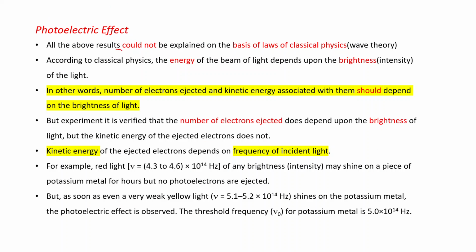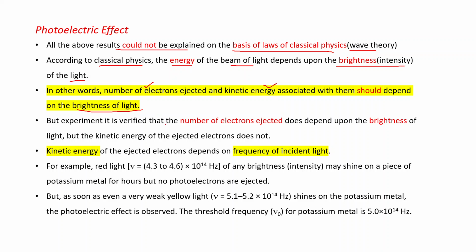All the above results could not be explained on the basis of laws of classical physics, that is wave theory. According to classical physics, the energy of the beam of light depends upon the brightness or intensity of the light. In other words, the number of electrons ejected and kinetic energy associated with them should depend on the brightness of light.